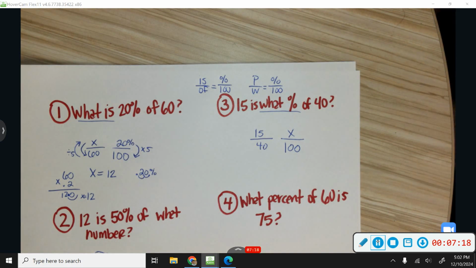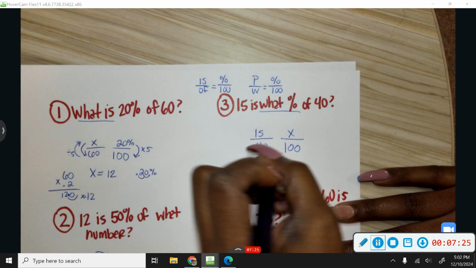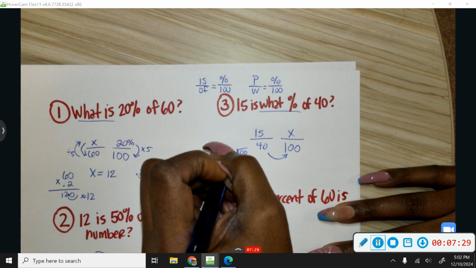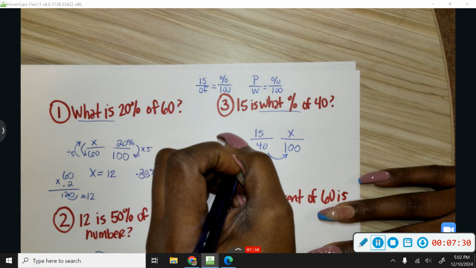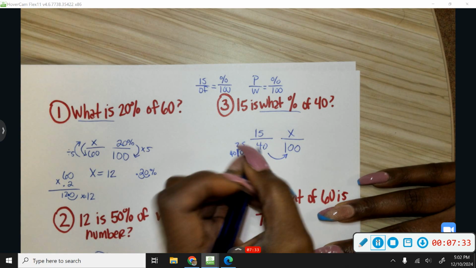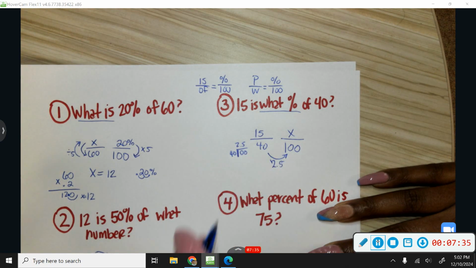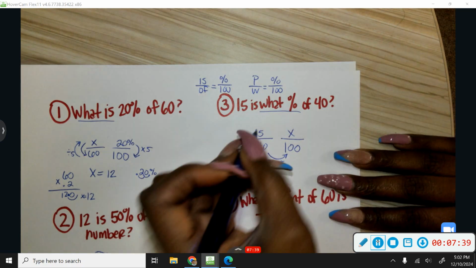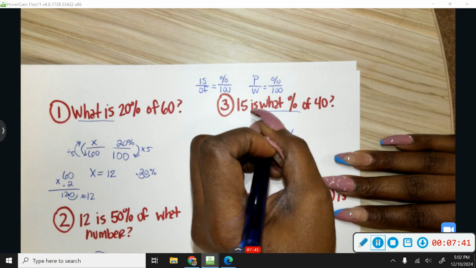Okay, so in this case, let's just practice dividing and finding out what my unit rate is. So I know that 40, because I just went 100 divided by 40, and I get 2.5. So I know 40 times 2.5 will give me 100. Remember, whatever we do to the bottom, we also have to do to the top. So in this case, I would do the exact same thing.